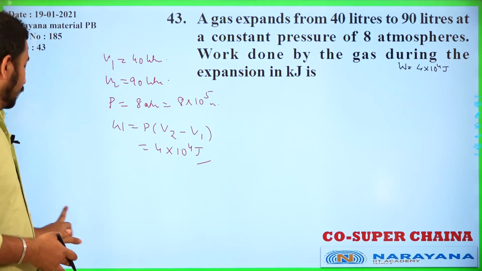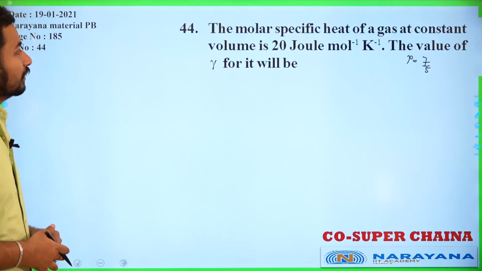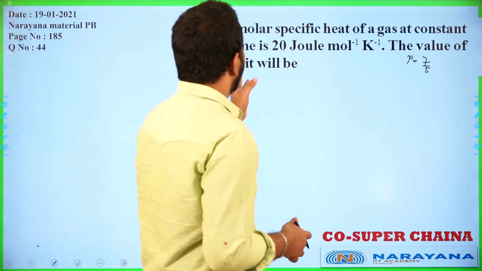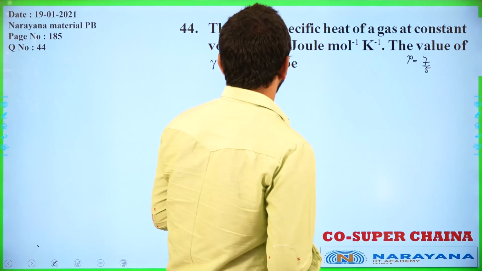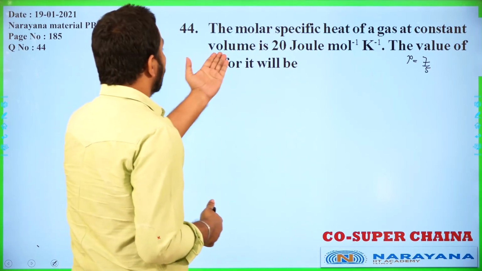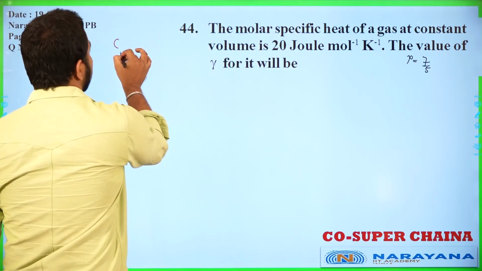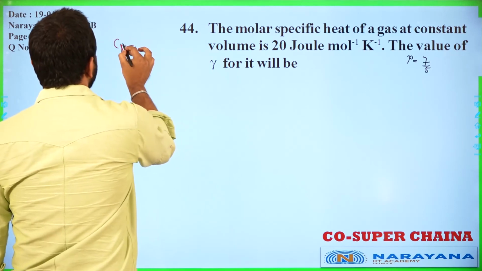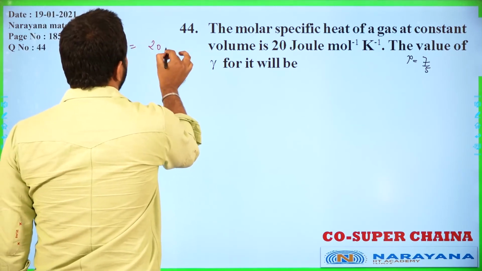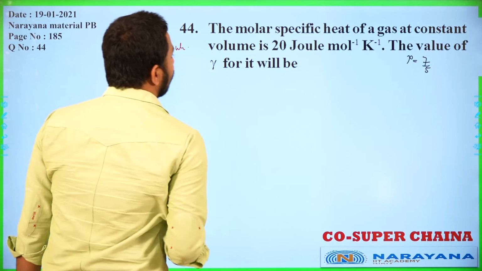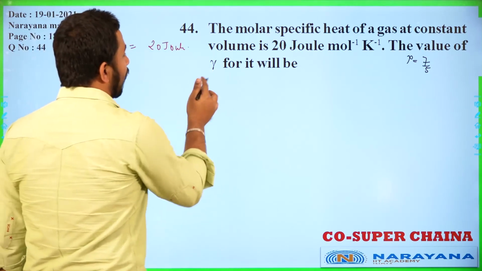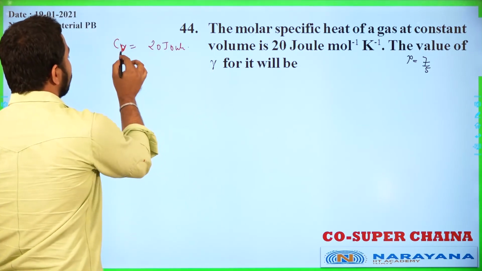The next question is about the molar specific heat of a gas at constant volume. Cv is given as 20 joule. The value of gamma you have to calculate.